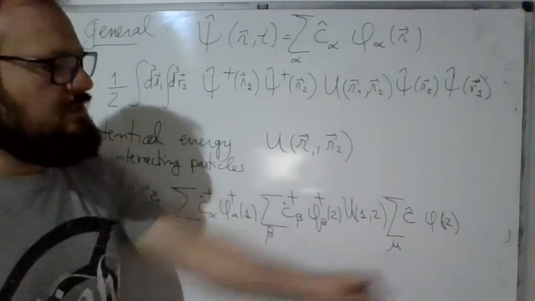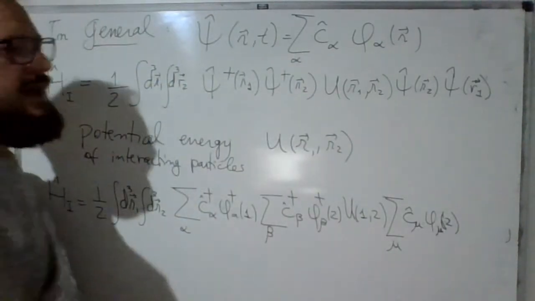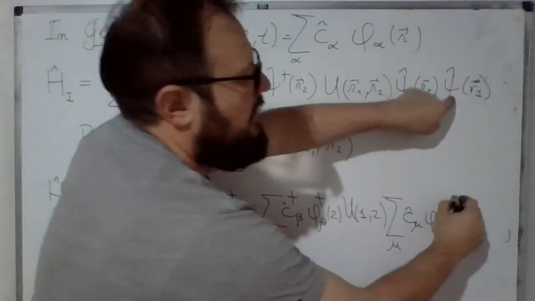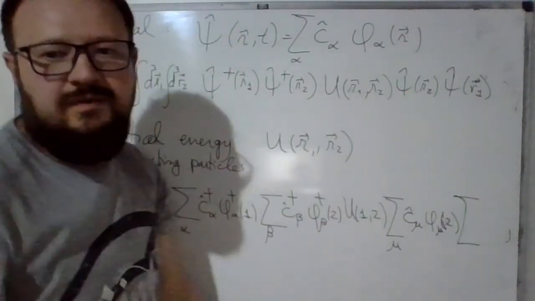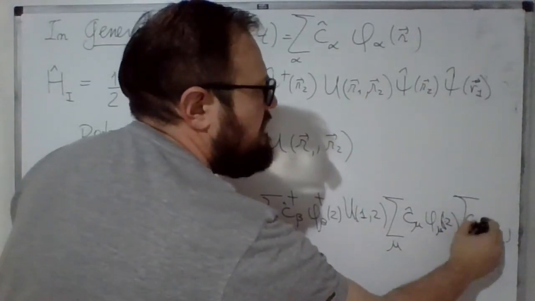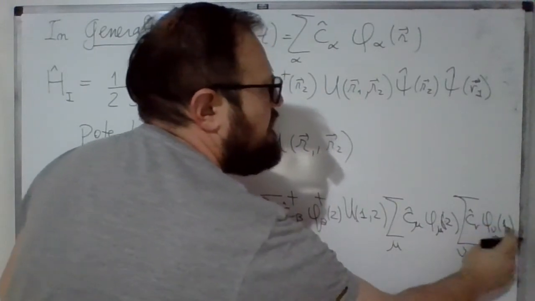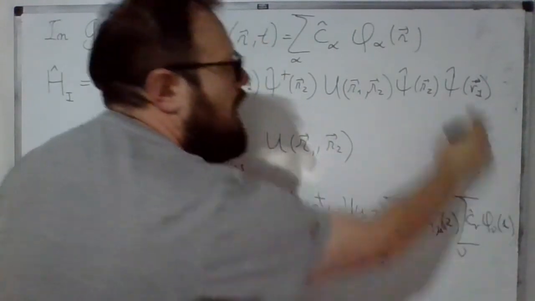Okay, so mu, and the state is mu here. And I need to expand the last factor, summed over some nu, c nu, phi nu over position R1.